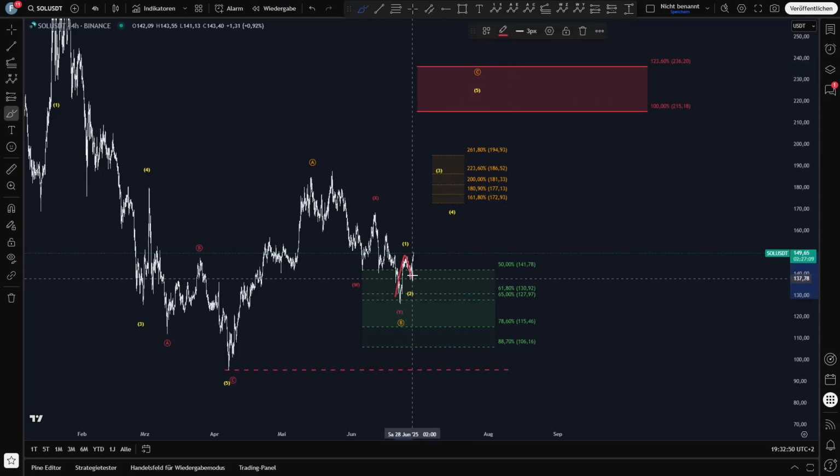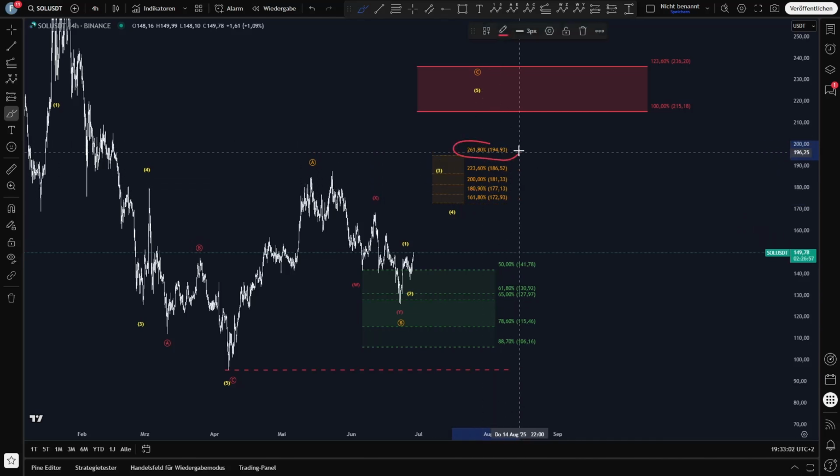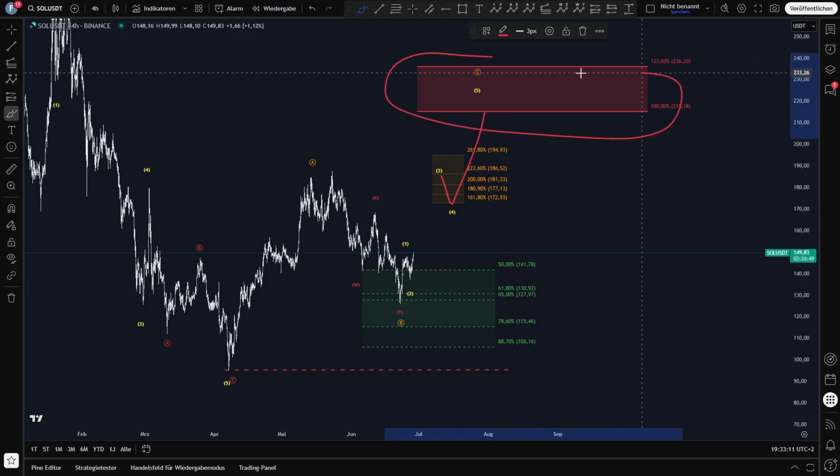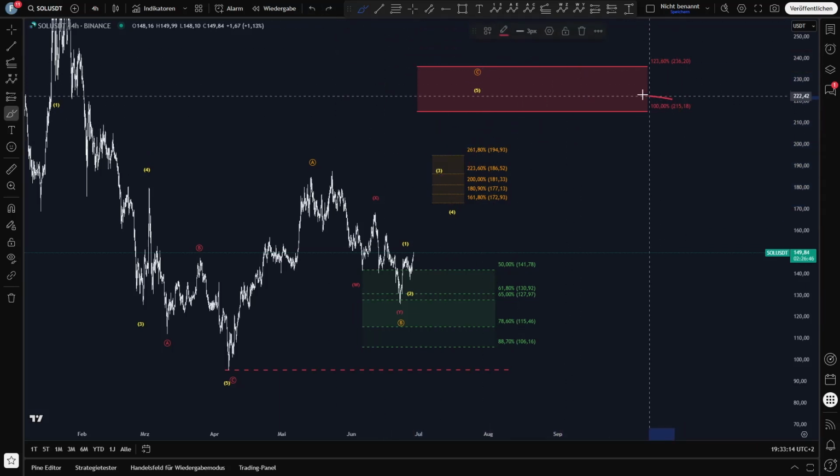1, 2, 3. In our target zone of the wave 3, starting with the 161% level at roundabout $172, extending to the 261% level at roundabout $194. Then a correction in the wave 4, and then a wave 5 in our target area, starting with the 100% level at roundabout $250, extending to the 123% level at around $236.